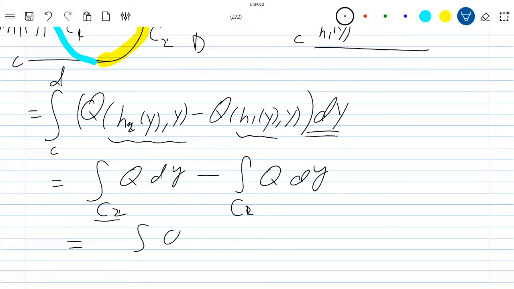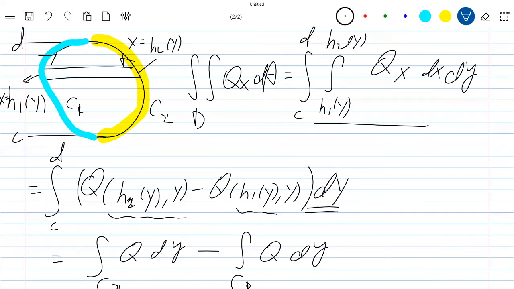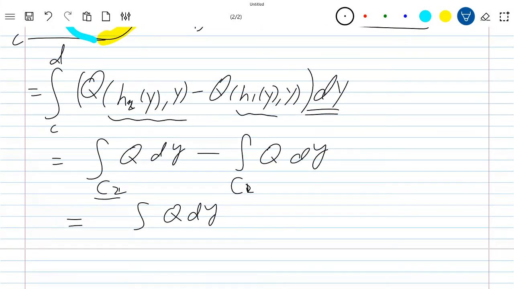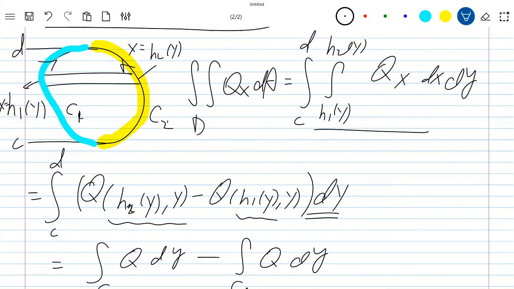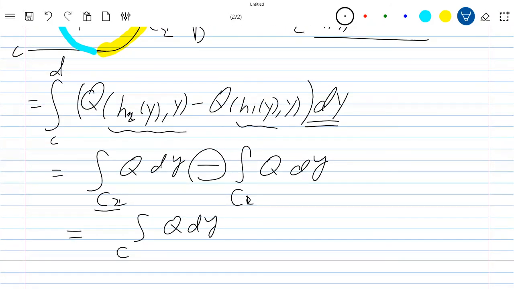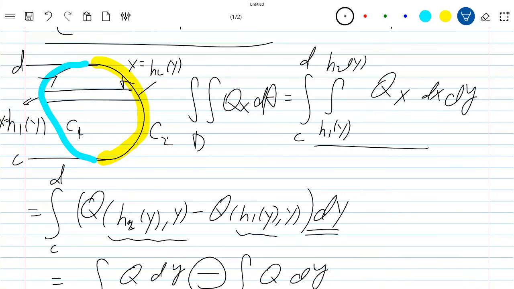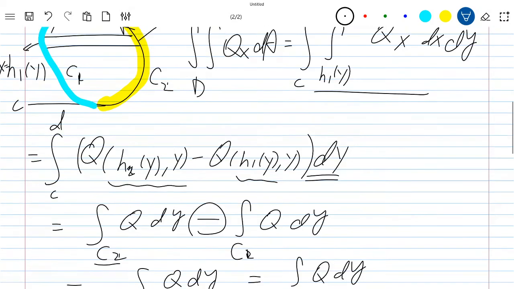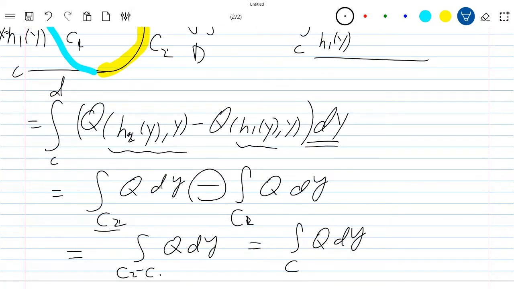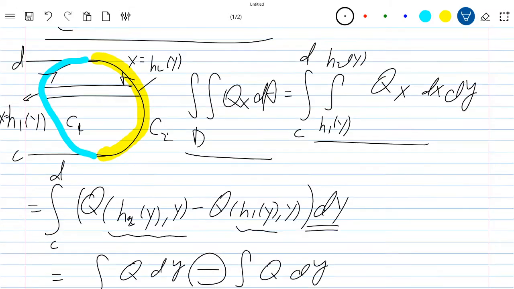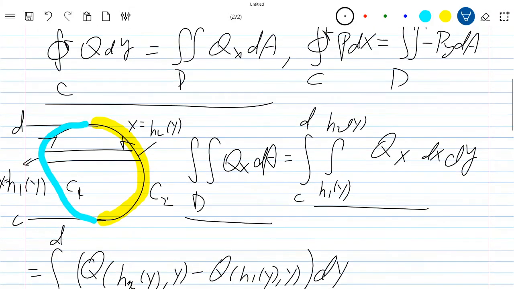Then if you combine them, C2 goes from bottom to top, and C1 goes from bottom to top but with a negative sign, so if you reverse it, you can just say it's our C. Because C2 followed by negative C1 is exactly a counterclockwise integral. So that's our proof. We showed that the left-hand side equals the right-hand side, which is what we claimed.